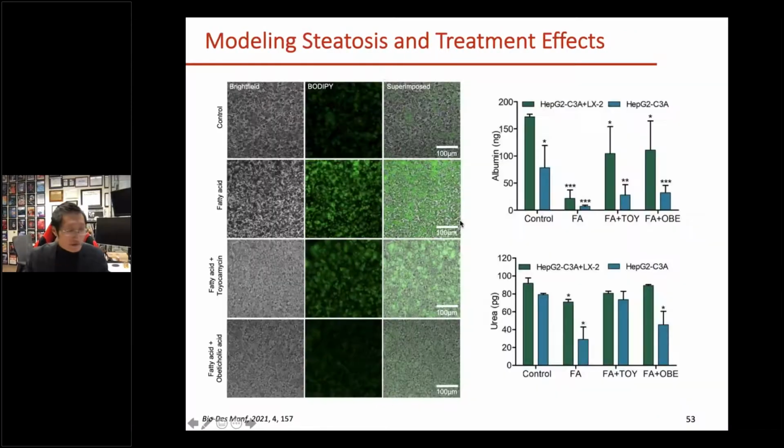Then we can further induce disease phenotypes. For example, if you culture these patterned lobule-like liver structures with fatty acids, you can see accumulation of fatty acids in the liver cells, creating a steatosis model. And you can look at how drug molecules can reduce the fatty acid accumulation within these liver lobule structures in a time- and dose-dependent manner.